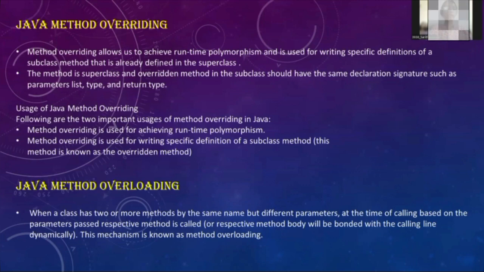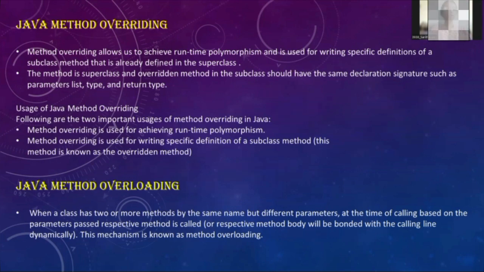The next topic is Java method overriding. Method overriding allows us to achieve runtime polymorphism, and it is used for writing specific definitions of a subclass method that is already defined in the superclass. The method in the superclass and the overridden method in the subclass should have the same declaration signature, such as parameter list, type, and the return type.